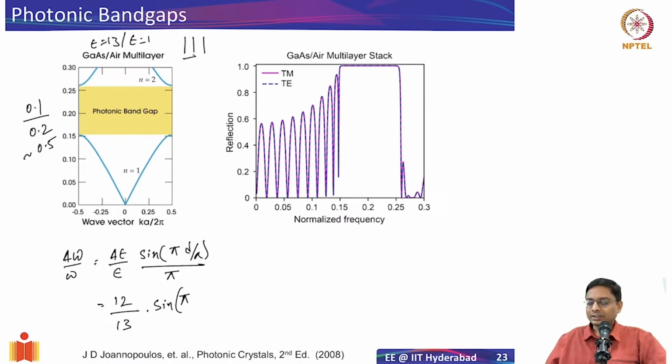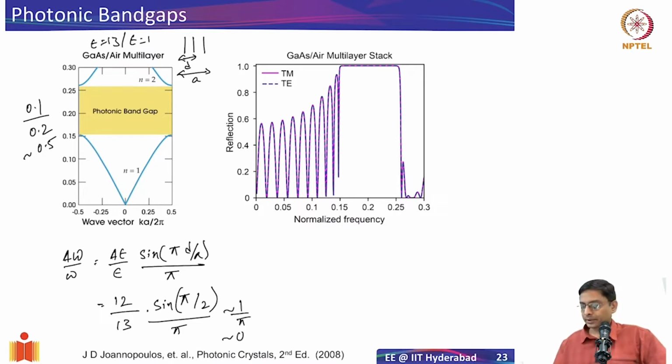The width is d and the periodicity of the stack is a, so d by a is essentially 1/2. So this is times 0.5, that is, sine of pi by 2 divided by pi. I can see that it roughly translates to 1 over pi, which is roughly 0.31.